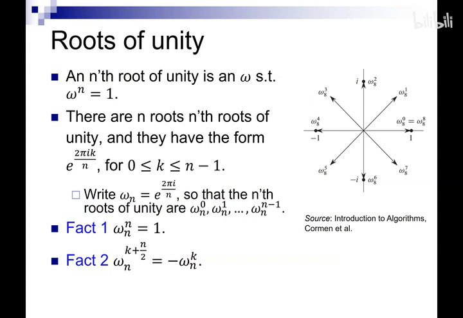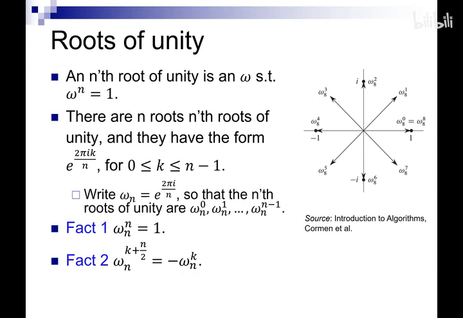One way that you can see this pictorially: omega n to the k plus n over 2 is one of these roots of unity. Let's begin with omega n to the kth power, which is one of these roots of unity.